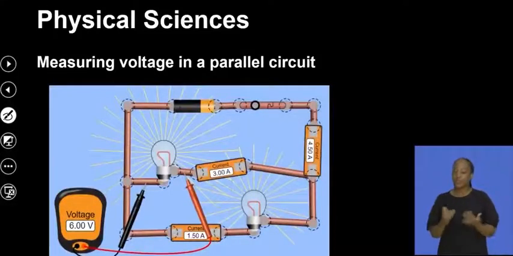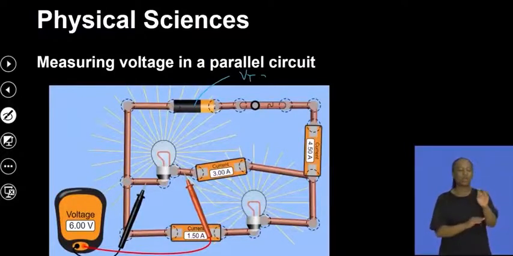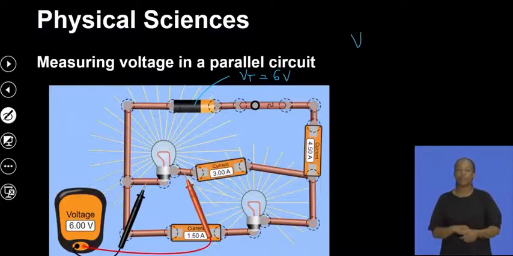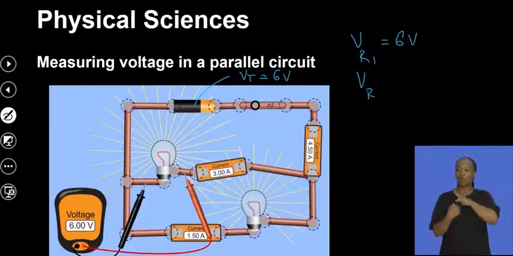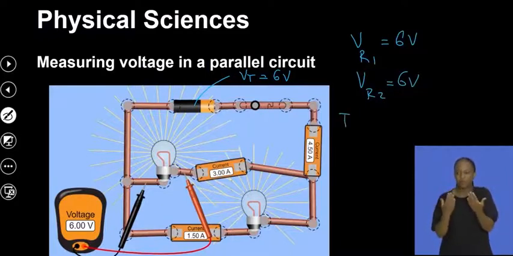Now, we said that V total is equal to 6 volts. And we know that V across R1 is also equal to 6 volts. V across R2 is also equal to 6 volts. But there's also something about current. The main current through the battery, the total current, is 4.5 amperes.